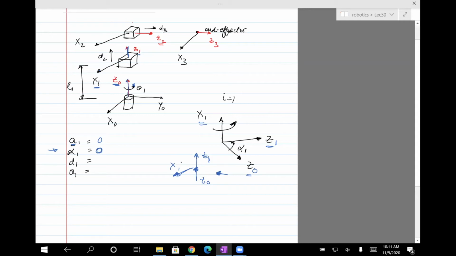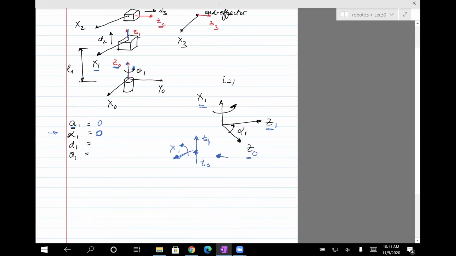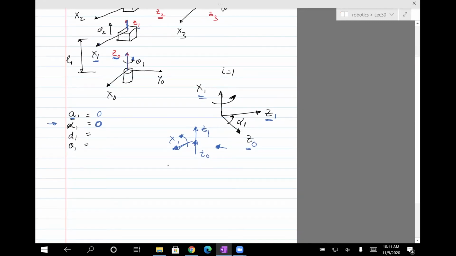If you curl your fingers along X1, you can see that Z0 and Z1 are actually parallel. So alpha 1 should be equal to 0 and not theta 1, as I said. Theta 1 will actually come in the second part. So this completes the first two elements in the table. I'm sorry about that. I got slightly confused with the notation here.